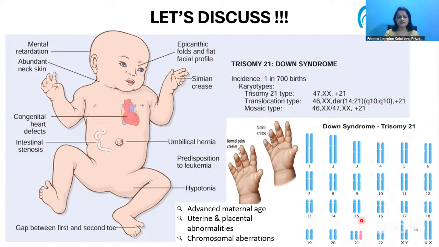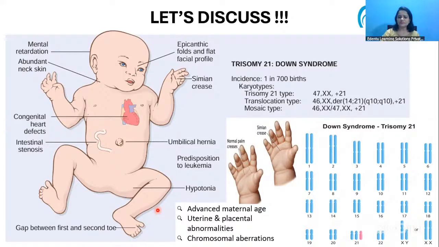And typical features like mental retardation, abundant neck skin, epicanthic fold, flat facial profile, umbilical hernia, and the gap between first and second toe are all common features of a child suffering from Down syndrome. It is one of the most common genetic diseases that can occur in a child and is mainly caused due to advanced maternal age, or because of some uterine or placental abnormalities, or because of some chromosomal aberrations.